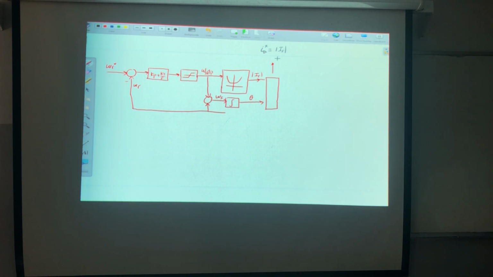This is from the phasor relation. So IA star equals IS sine theta. IB will be shifted by 120 degrees, so IB star equals IS sine theta minus 2 pi over 3, and so on. Now after that, I need to generate the gate pulses for the inverter.